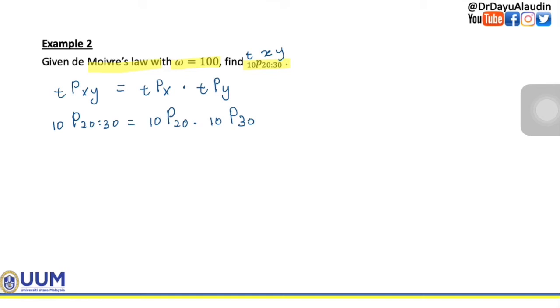Okay, since the information that you have is omega equal to 100, so we can use a survival function.